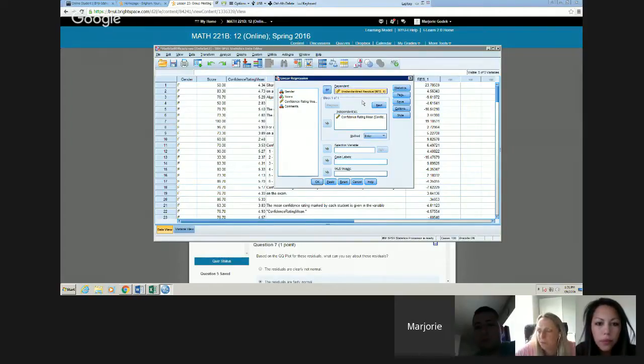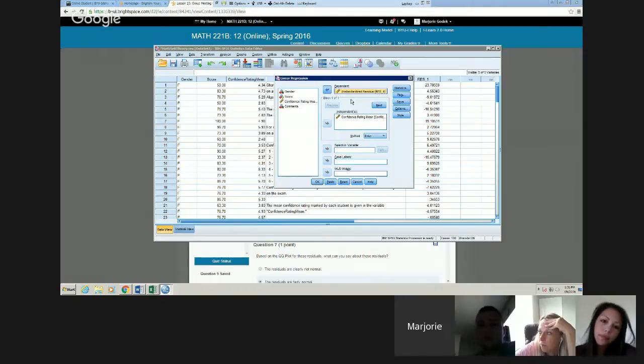I think so. Before, I had the score in there. Is that fine, or should I change it? Well, we want residuals as the X, or as the dependent, and then we want confidence as the Y. I'm in the linear one.